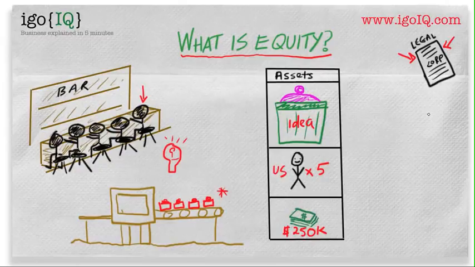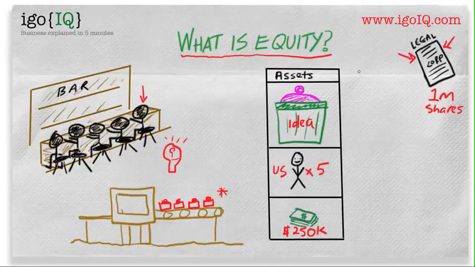Now, the next thing we will go through, first of all, we will legally incorporate. And we are going to assume during our incorporation process, we will issue 1 million shares. So that's what our company is made up of, 1 million shares.